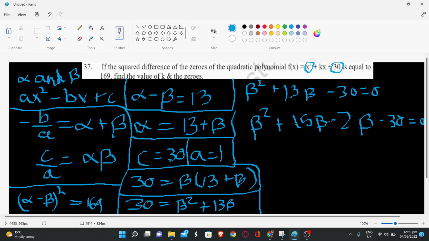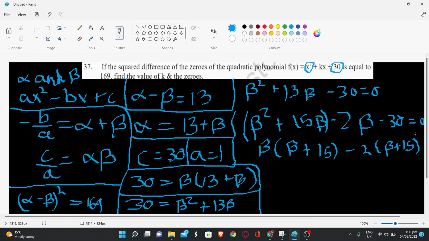I can take beta as common, so I get beta times beta plus 15, and because it's a quadratic, I must also have beta plus 15 here. So I'm going to take minus 2 as common, so we have minus 2 and beta plus 15.